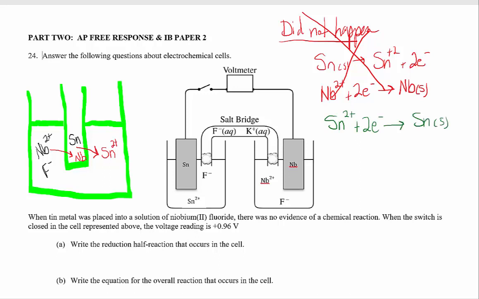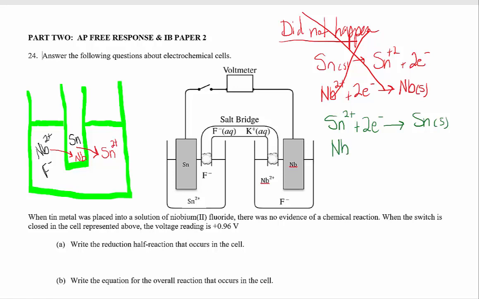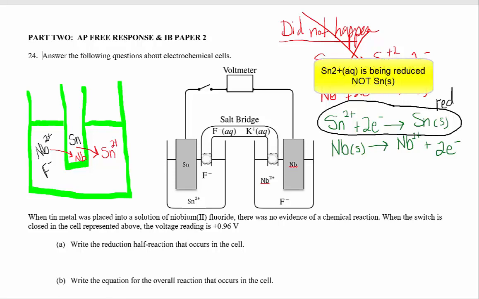And the reason I know this is going to happen is because when we put the tin metal into the niobium fluoride, it didn't react automatically. So the opposite will happen, which means our niobium will be oxidized into niobium ion. Right here, tin 2+ ion is turning into tin metal, and it is gaining electrons to do that, so our tin is being reduced and our niobium is being oxidized.